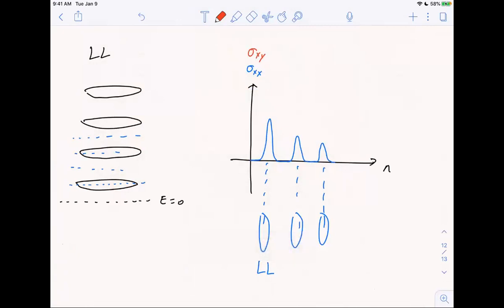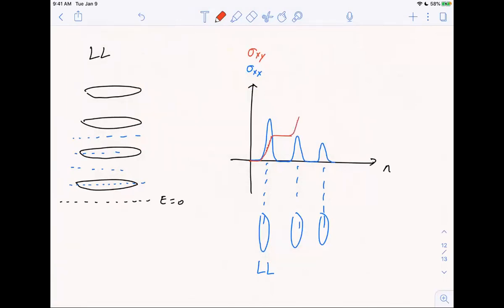Where should I put the plateau? So it will be a plateau here. And then when it is inside the Landau level, it will increase, and then another plateau.